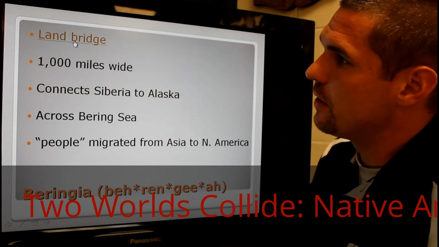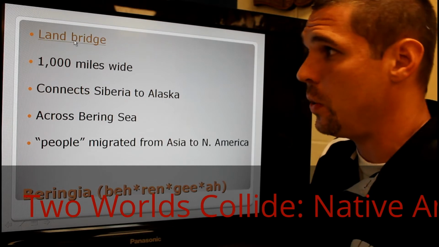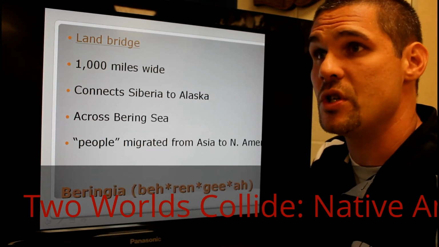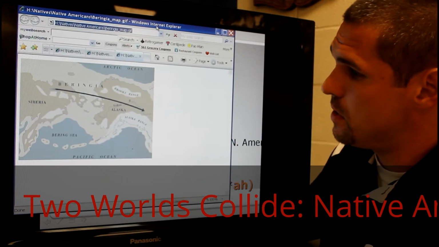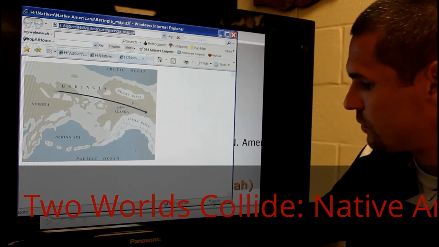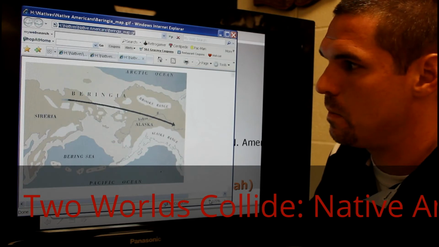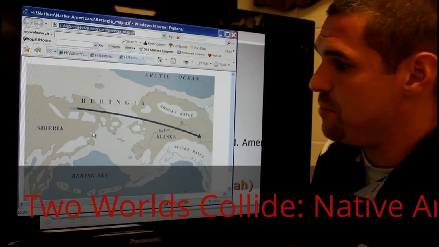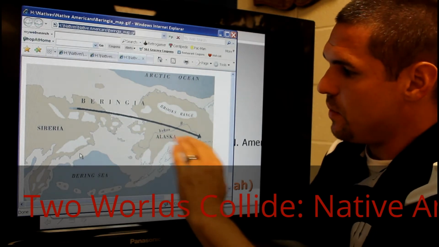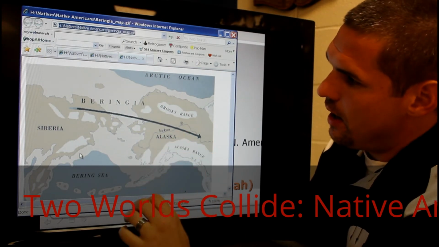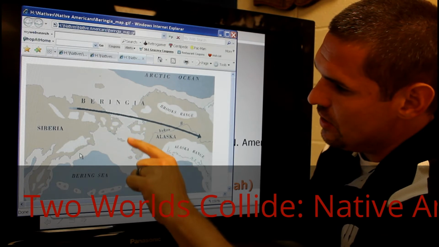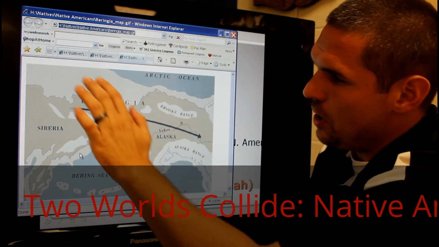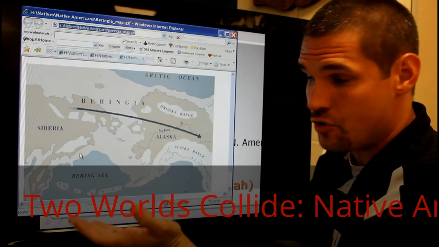I want to go ahead and click on this and show you a picture of the land bridge in more detail. Bear with me as I'm switching items over from the other screen. Enlarge this here for you. So here you have what is called Siberia, and right here we have Alaska. And let's say that this lightly shaded area is what land would be exposed when that sea level drops.